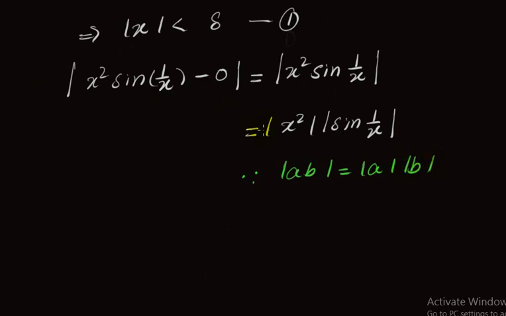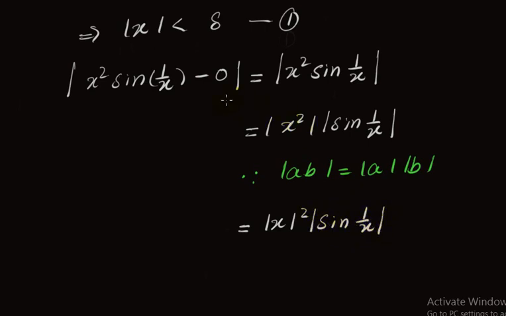Now we can write mod of x square as mod x whole square, and mod of sine 1 upon x.